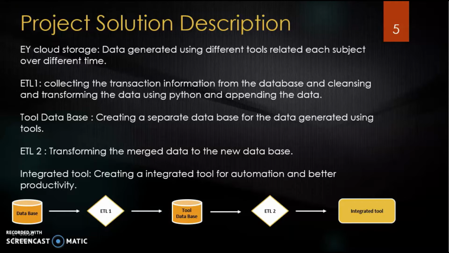Once it's done, the next step would be creating a tool database in order to store the generated data using tools. And after that, the ETL2 is transforming the merged data to the new database. And once all this process is done, the final process is to make an integrated tool.